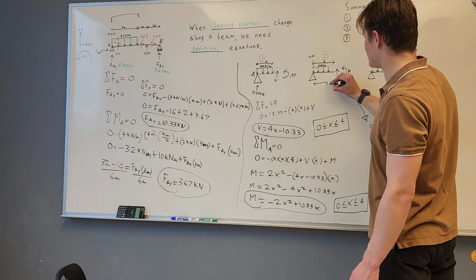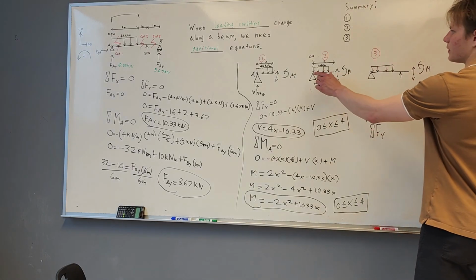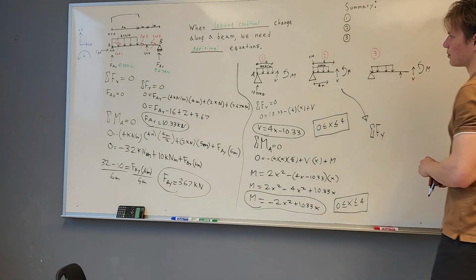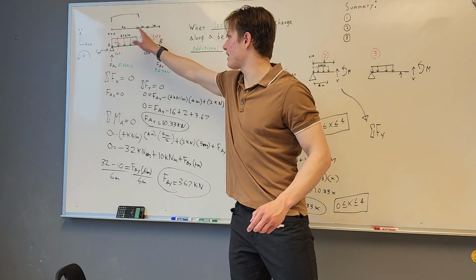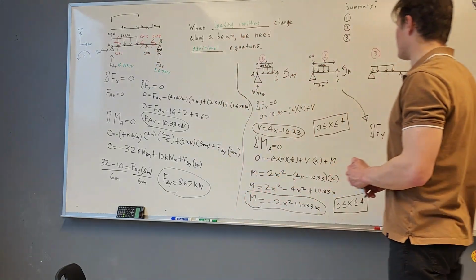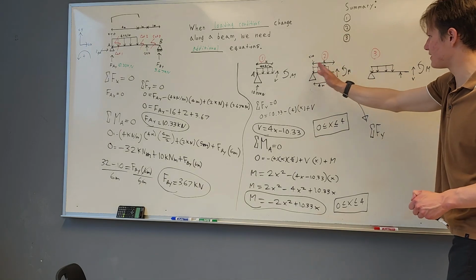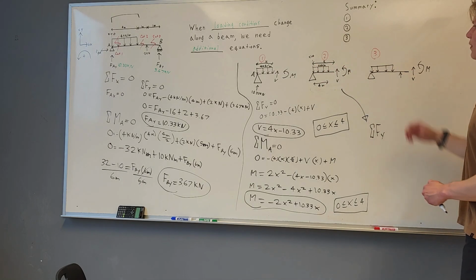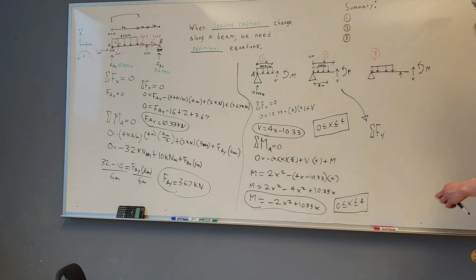We also know that this is 4 meters across right here, because we have this 4 meter section, and then x is going past that. So we're looking at this section right here past 4 meters. We know that this UDL is 4 meters long because we get to the end of it, and then we go a little bit past this. And so this x direction takes care of that extra little distance.